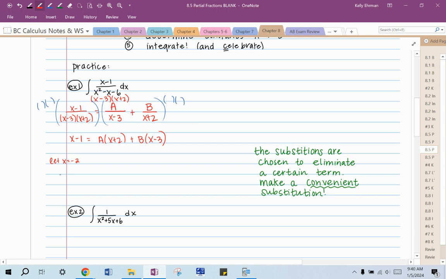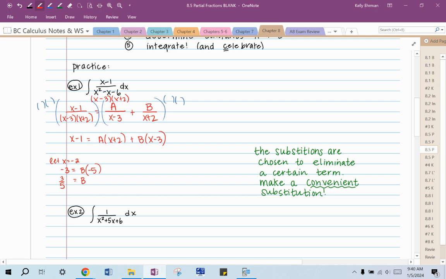If that's the case, then the equation becomes negative 2 minus 1, negative 3, equals 0 times A, plus, I'm not going to write 0 times A, plus B times negative 2 minus 3, negative 5. And so that allows me to solve for B. B is positive 3/5.